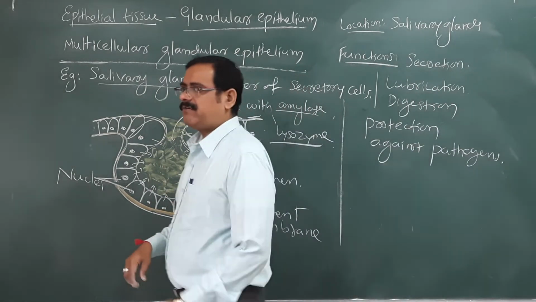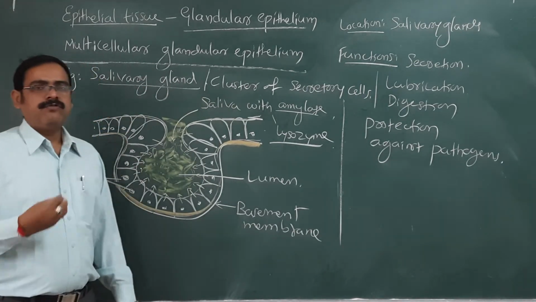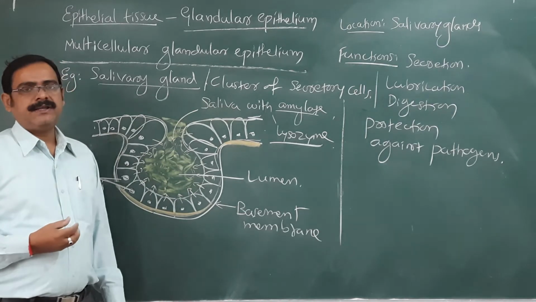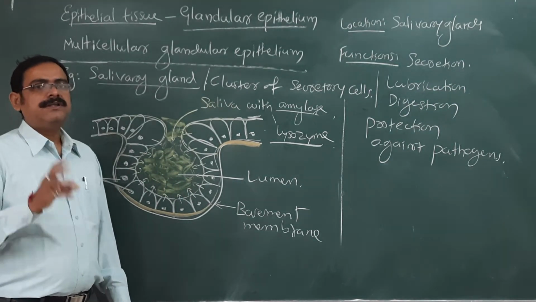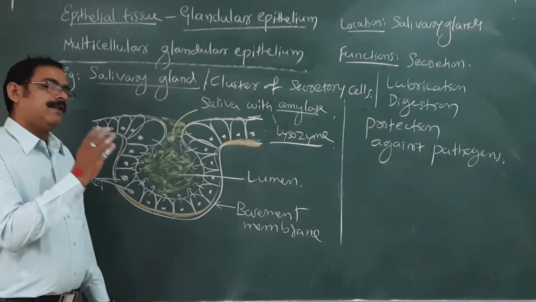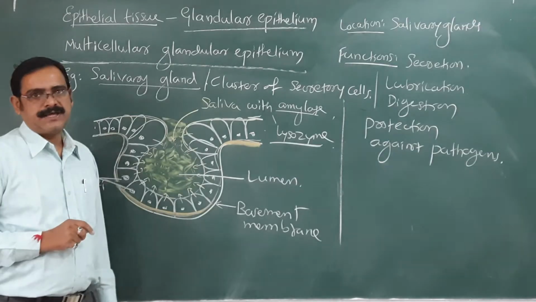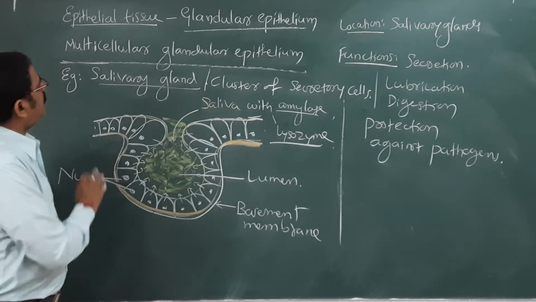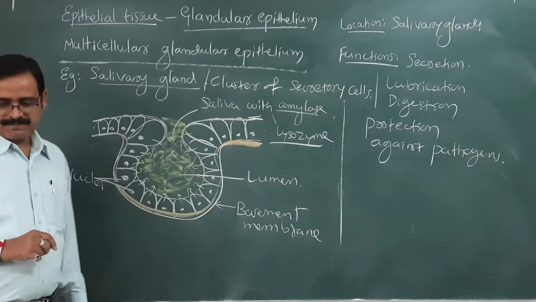And without saliva, chewing is highly difficult, converting the food into what we call the bolus. When we chew food in the mouth, it becomes semi-solid, easily swallowable. Thus they provide lubrication, they help in digestion, they give protection against pathogens. So this is all about what we have discussed regarding the compound glandular epithelium.